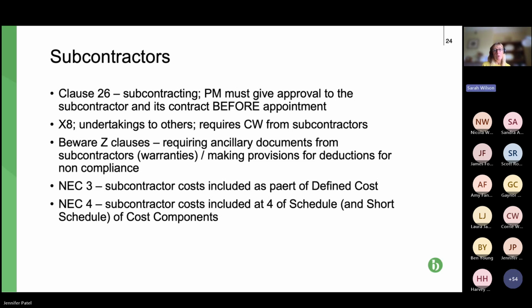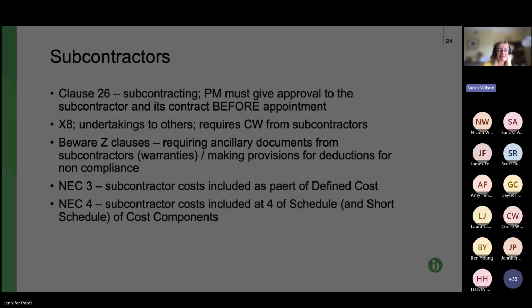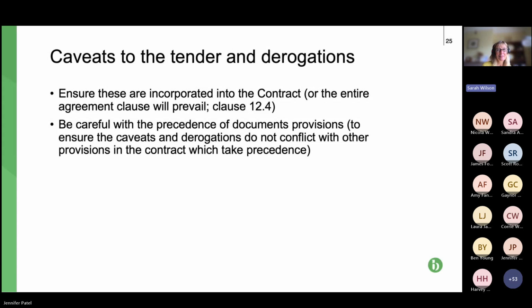We'll leave the last two bullet points, the defined cost and the schedule of cost components and the shorter schedule. We'll look at that in more detail in February with the compensation events and also in March when we look at the schedule of cost components. So we'll just leave that cliffhanger until March. If I can have the next slide, please, Jen.